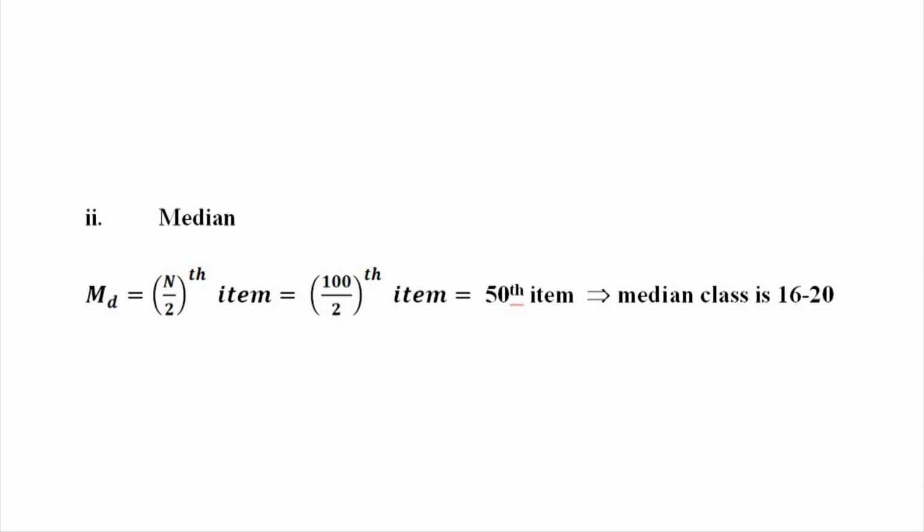The less than cumulative frequency greater than 50 is 54 and the corresponding class is 16 to 20, which is called the median class.